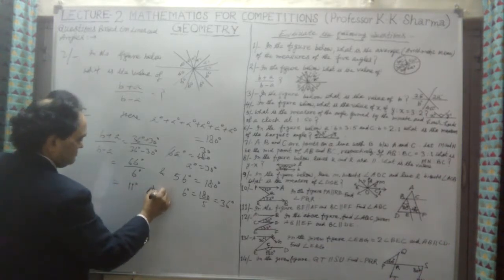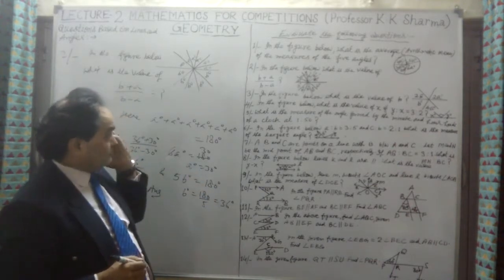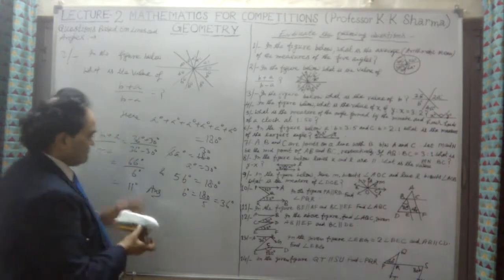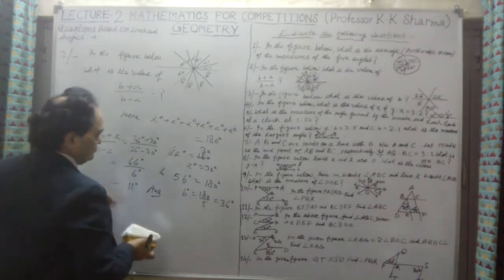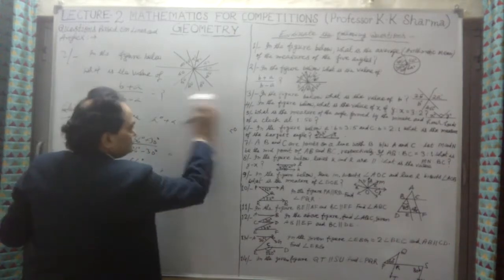Answer. See the answer here, so simple a question. In this way, we have to first calculate the value of b and the value of a, and after that substitute those values here, and then the solution is 11. Okay, this is the second question.